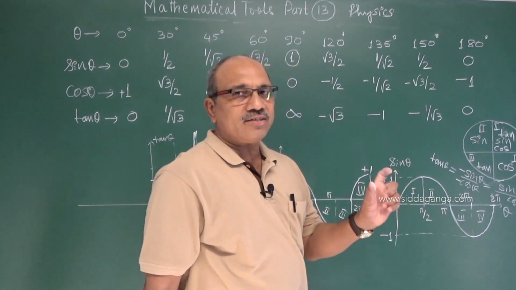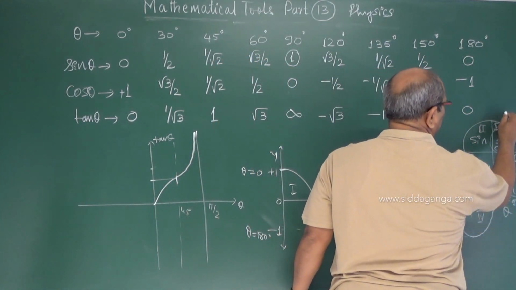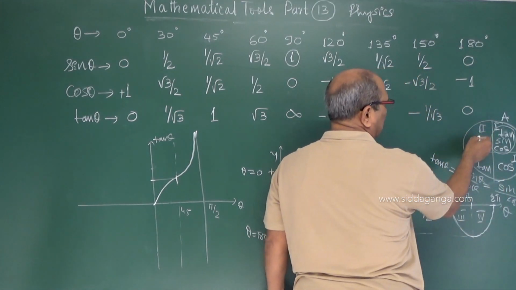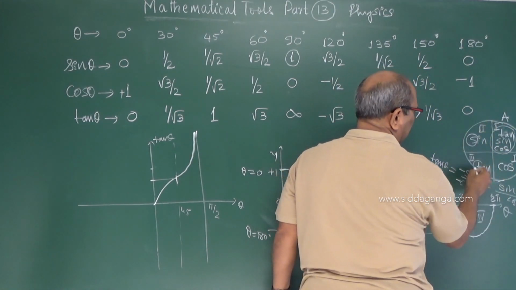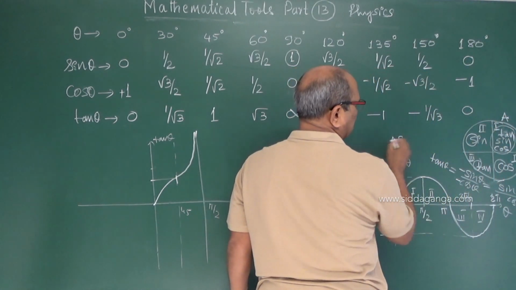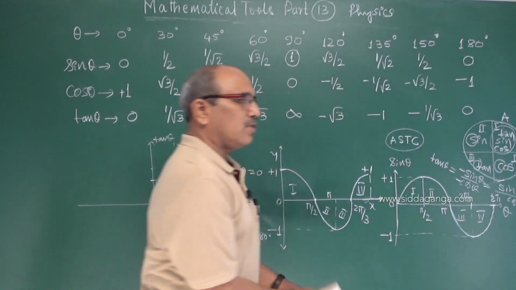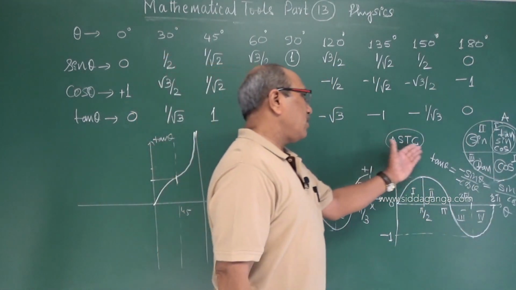For this, a mnemonic is used. All basic ratios are positive in the first quadrant: A; here sine, here tan, here cos. That is ASTC.